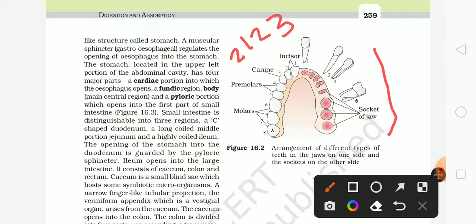So there are two incisors, one canine, two premolars, and three molars. Here this is the incisor, this is the canine, this is the premolar, and this is the molar. This is premolar, incisors, canines.